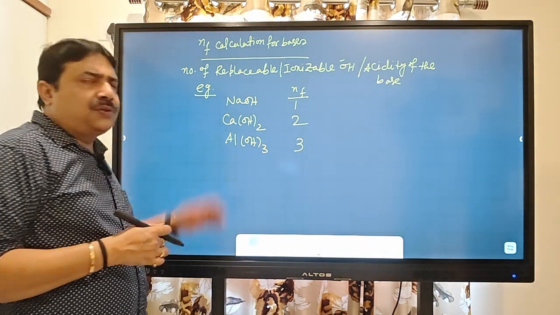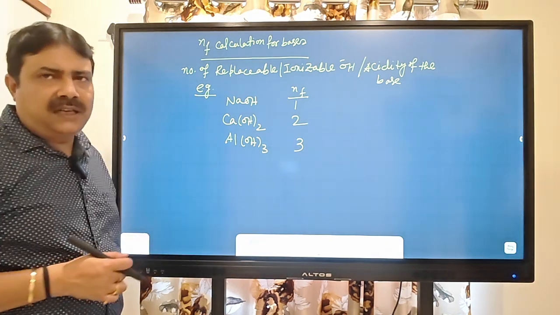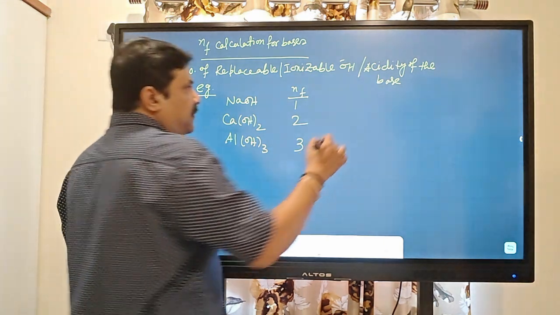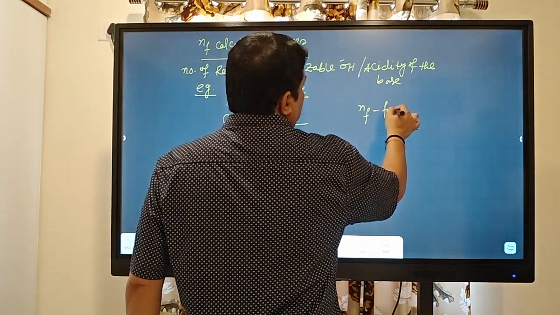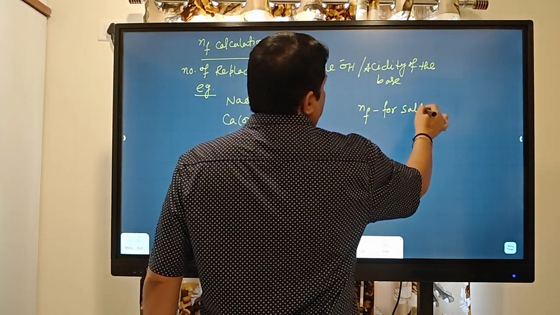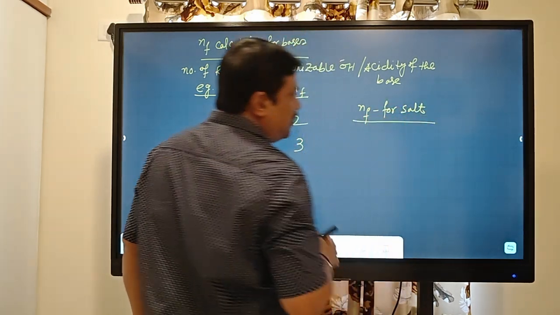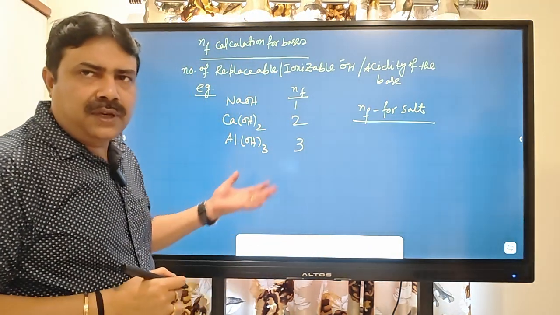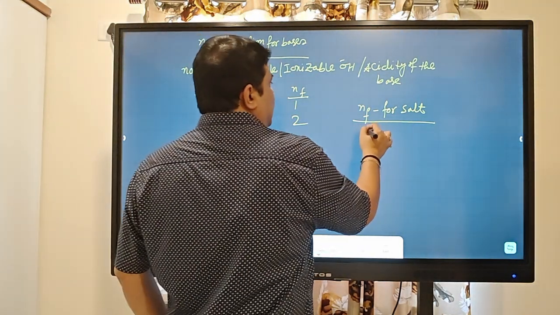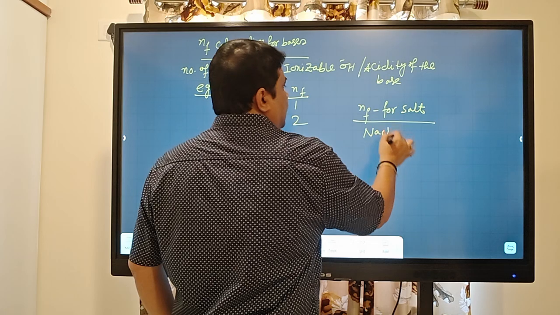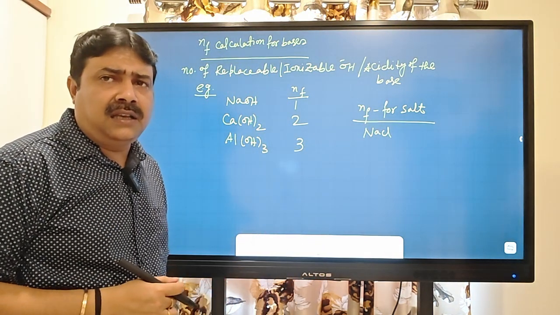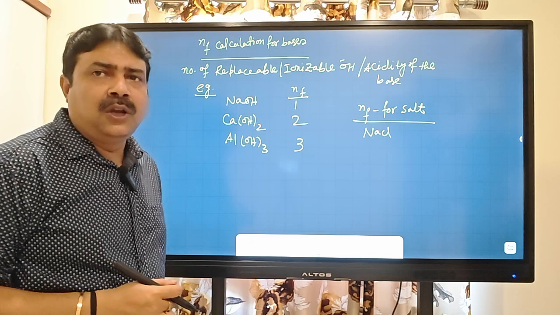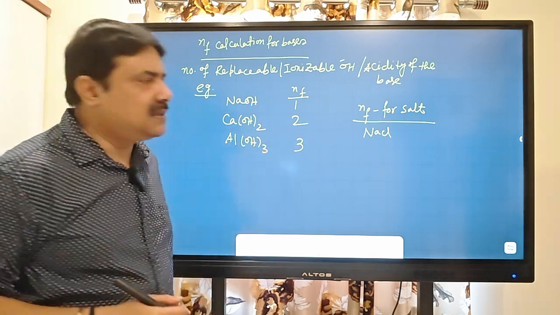So you understood how to calculate the N factor for acids and bases. Now, N factor for salts. How do we calculate the N factor for a salt? If I take a few examples, you will get full clarity. Here, the total charge on the cation or anion, as an absolute value, meaning the value without sign, is the N factor, or valency factor.